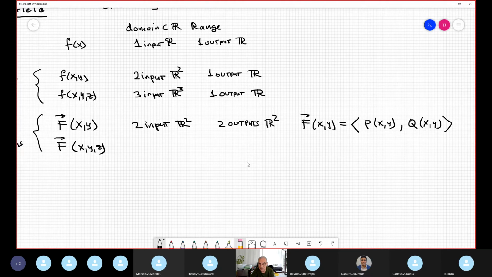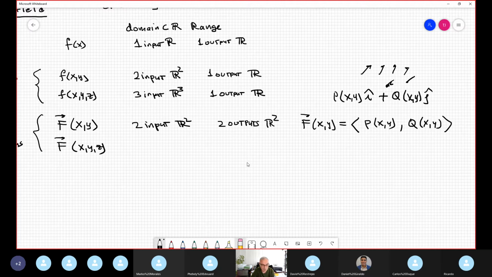This is equivalent to saying P(x, y) i plus Q(x, y) j. It's a vector, a bunch of vectors. You will see after that what the sketch of the representation is. A vector field is a little bit complicated. It's a bunch of vectors, but that is for later.